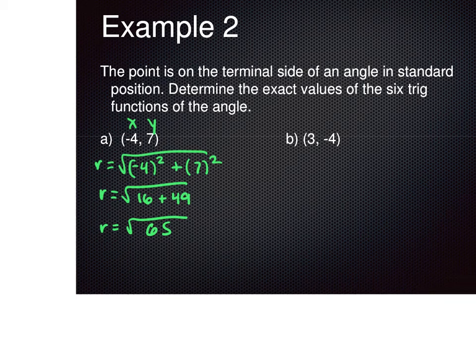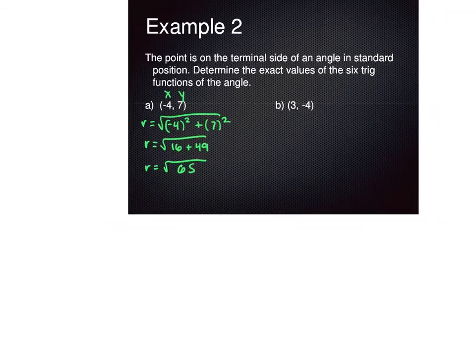We can't, because 65 breaks down into 13 and 5, and 13 is prime, 5 is prime, so we have no pairs. So the square root of 65 is as simplified as can be.